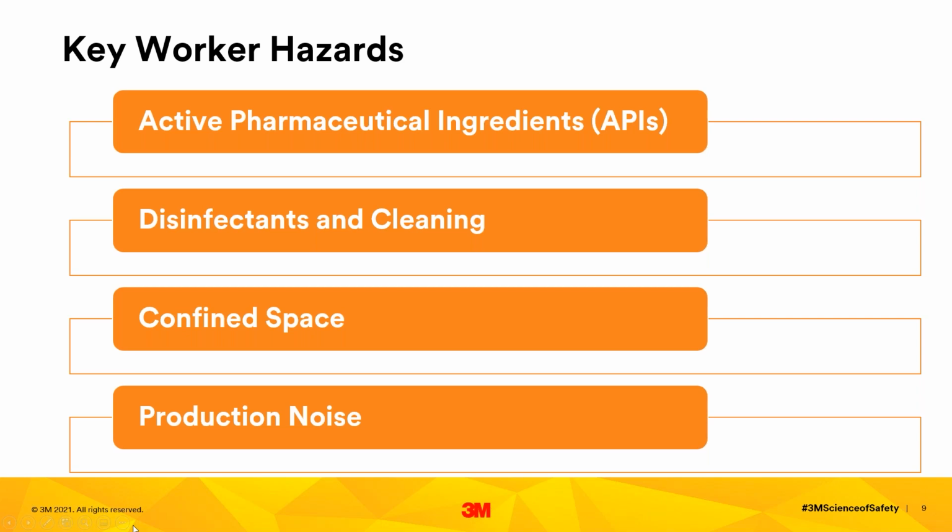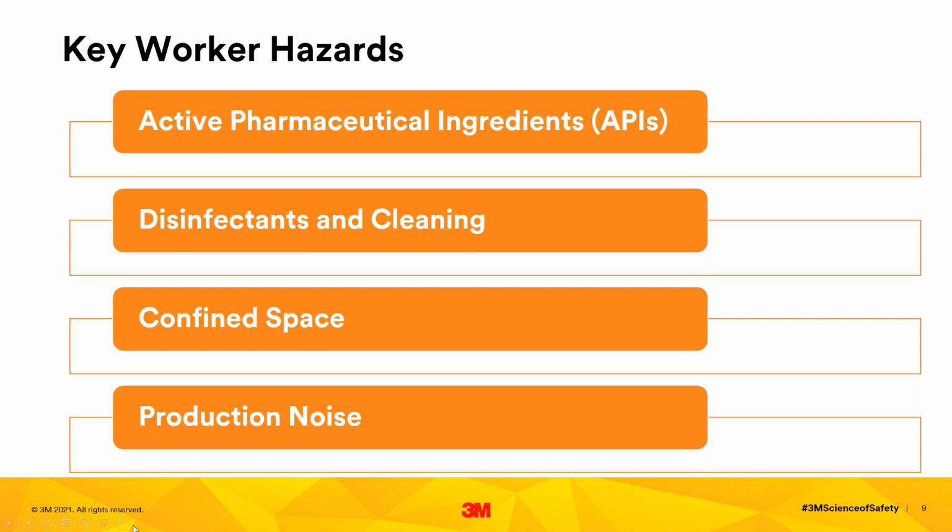So we're not talking about the disinfectants you're using in your house to maybe clean off your countertop. We're talking about some very potent chemistries. And so it's important to keep their workers, again, keep their workers from being exposed to these disinfectants and cleaning products.